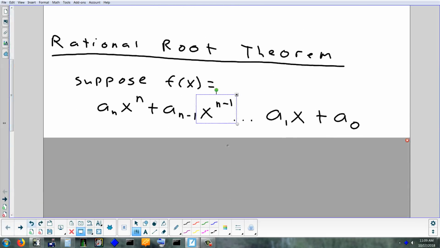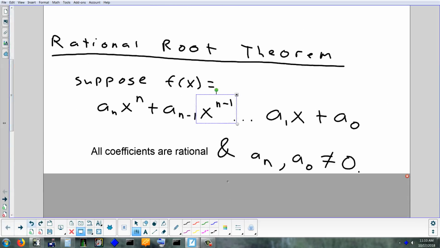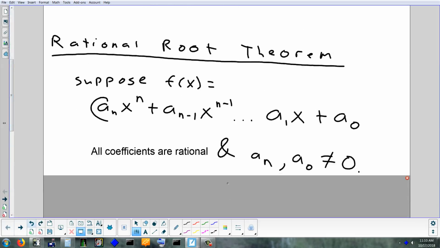So we've got a polynomial. First of all, to use this theorem, all the coefficients in your polynomial have to be rational. What are the coefficients? Those are the numbers in front of the letter. All of them, however many there are. They all have to be numbers that can be written as fractions.